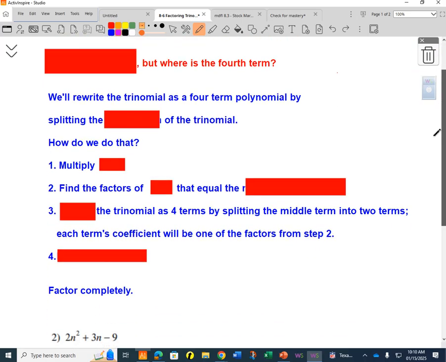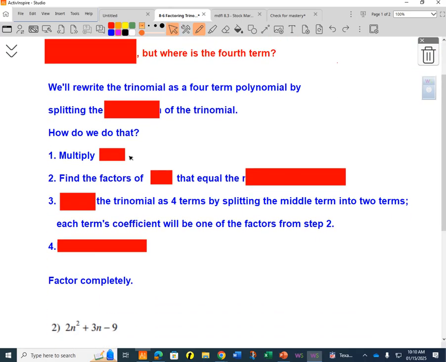So let's look down here to my first example, and you guys can go ahead and write that in on yours. We're going to use the first example just to illustrate some of this, to clarify some of the things we're talking about up here. So in this example, the A is 2, and the C is -9.